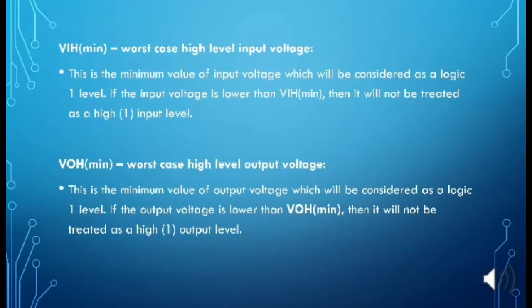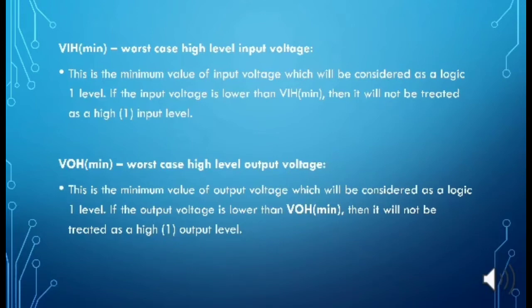VIH, the worst case high level input voltage. This is the minimum value of input voltage which will be considered as a logic 1 level. If the input voltage is lower than VIH, then it will not be treated as a high or 1 input level.